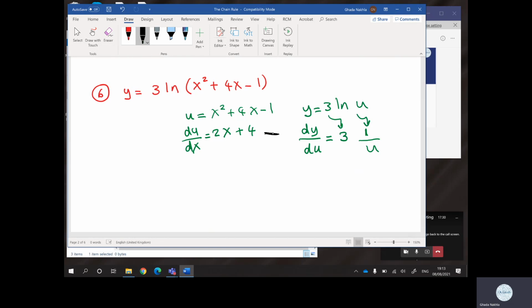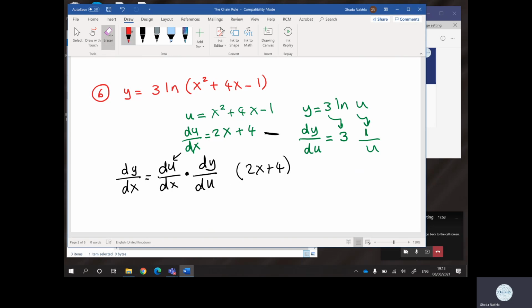These two multiply together. So that's the chain rule: dy by dx is equal to du by dx, which is the first one here, multiplied by dy by du. So bracket 2x plus 4 multiplied by 3. Let's squeeze the 3 in here.